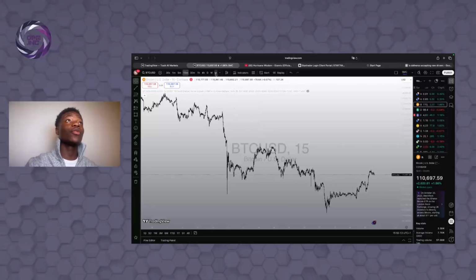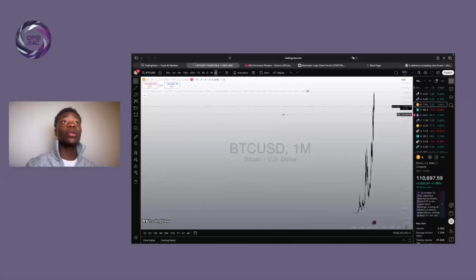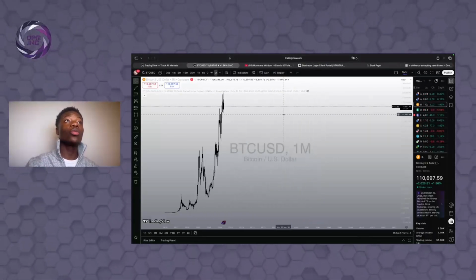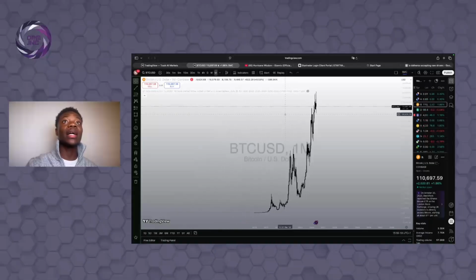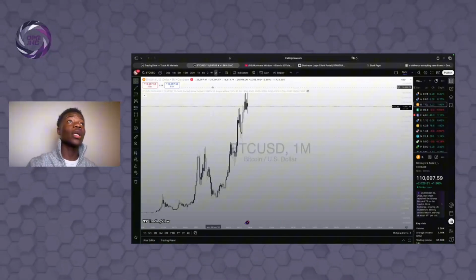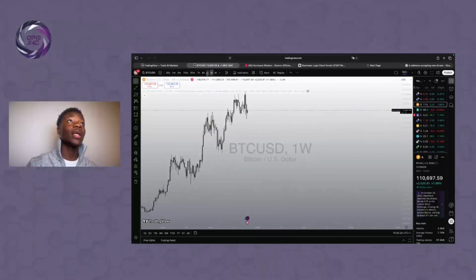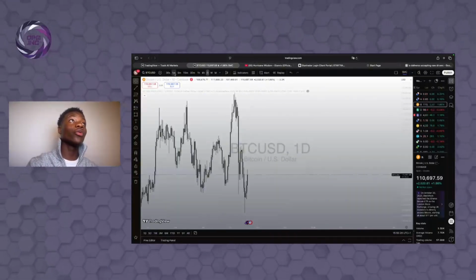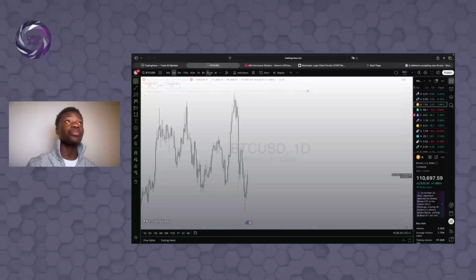Okay, so we have TradingView BTC USD on the monthly time frame. What you want to get yourself familiar with is the monthly time frame, the weekly time frame, the daily time frame, all the way through to the 1 minute time frame.